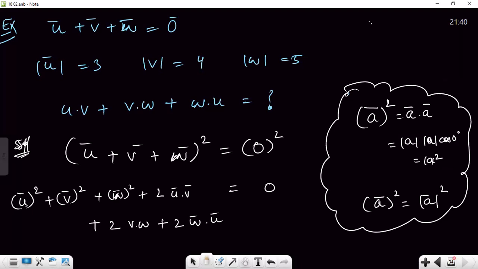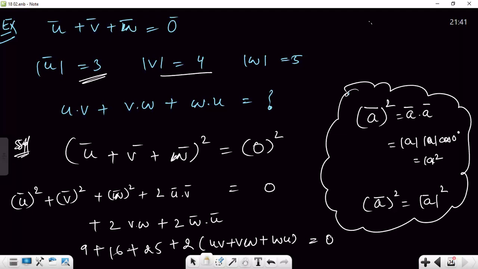So here u vector's magnitude is 3, so 9. V vector magnitude is 4, whole square, 4 square, 16. W, 25, plus 2 times u dot v plus v dot w plus w dot u is equal to 0. We have to find out this only, right?